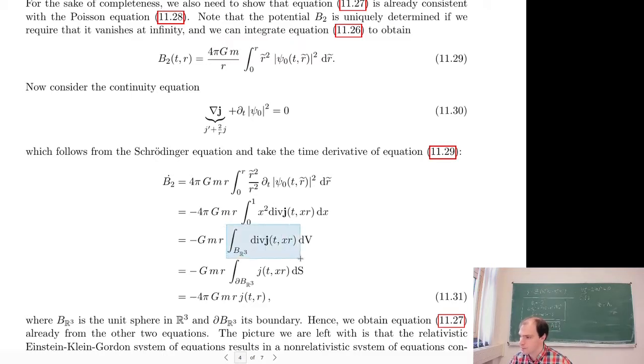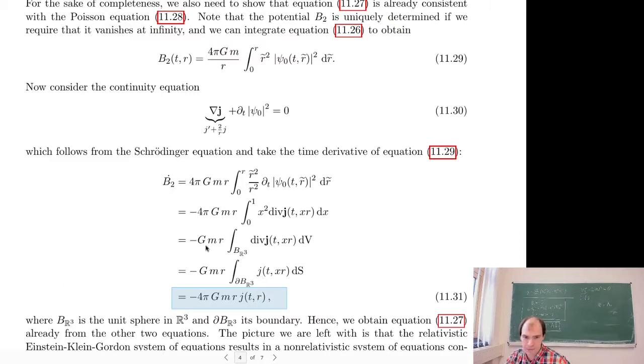So we have this volume integral of the divergence, which, using Gauss' theorem, we can express as an integral over the boundary of the function J. And since J is constant on this boundary, this is simply the following expression.